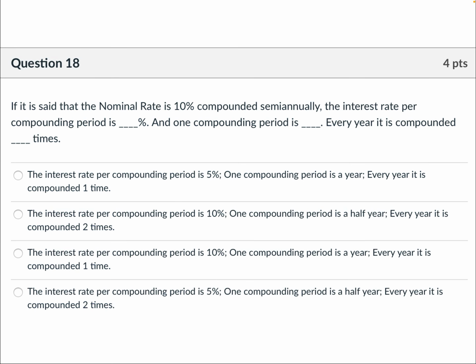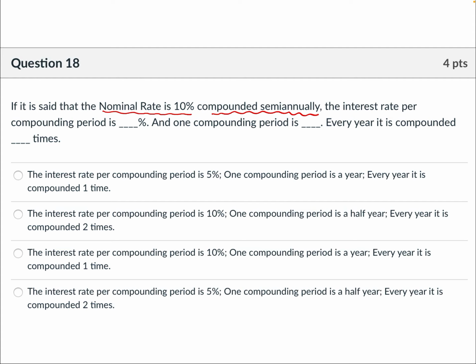Okay, question 18. If it is said that the nominal rate is 10% compounded semi-annually, okay? Nominal rate is 10%. It's always an annual interest rate. But it's compounded semi-annually, so it's compounded every half year. So every year it is compounded twice. The interest rate per compounding period is going to be what?